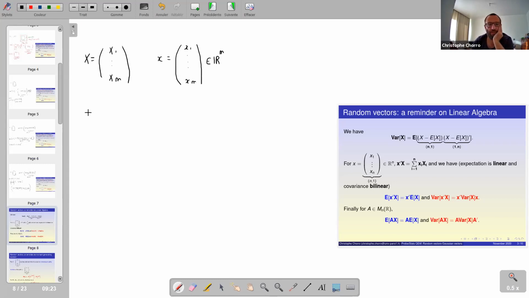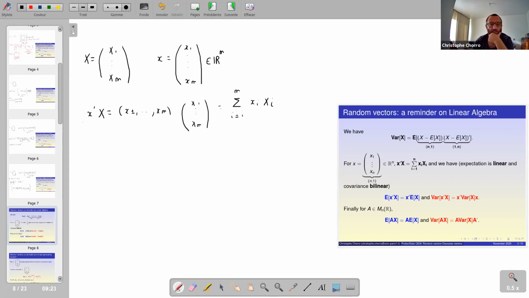If I do the product between x prime and X, what is this? It's the line vector associated to small x multiplied by the column vector X1 to Xn. So I do this one times this one, and I obtain the sum from i equal to 1 to n of xi, capital Xi.